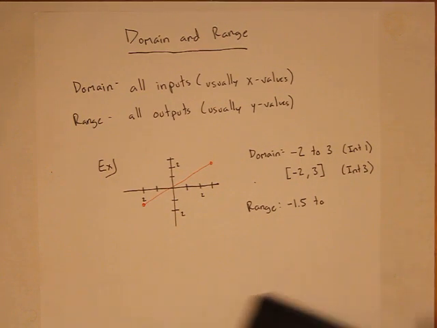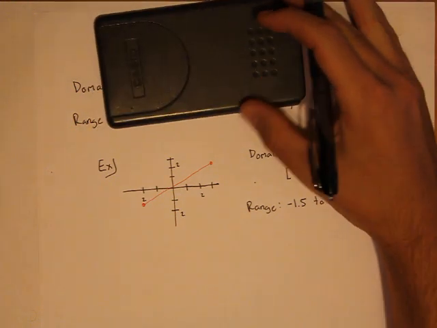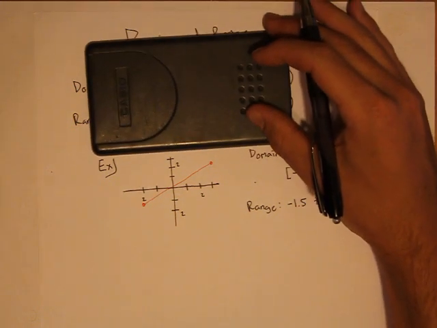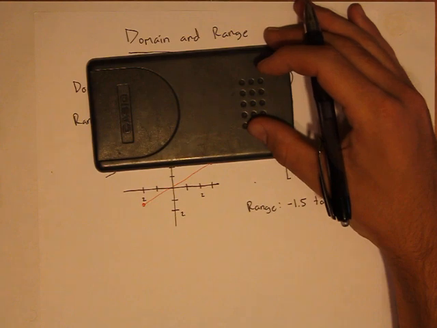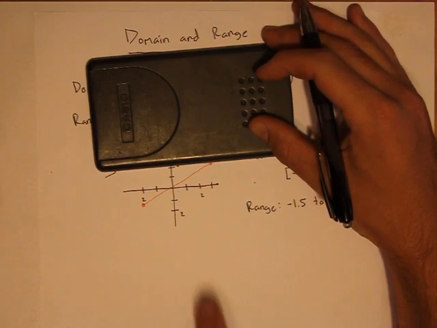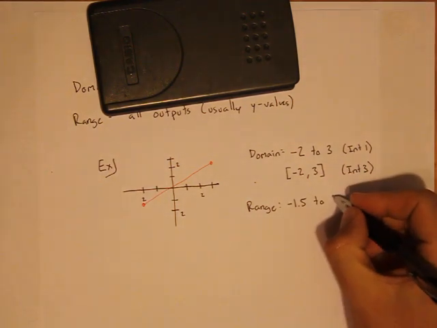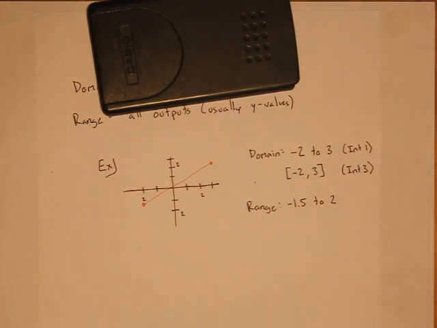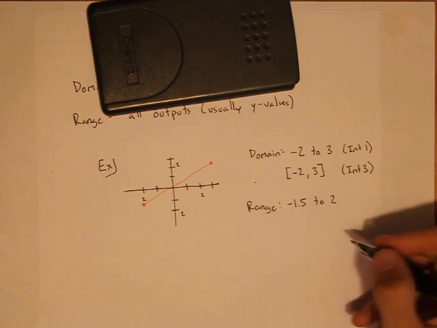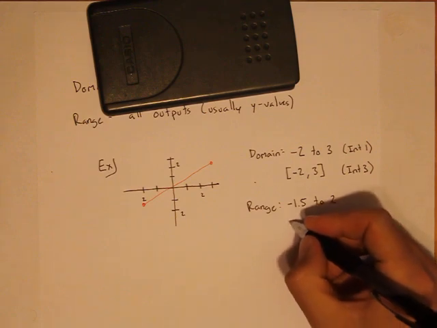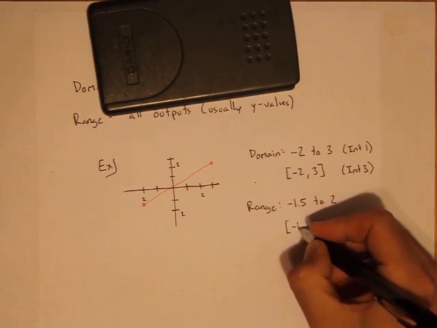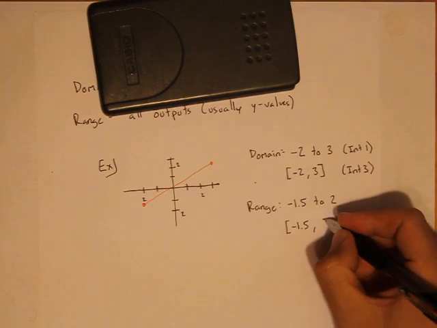And that's going to keep going all the way up until I need to find what my maximum value is, so I bring this down, and it hits my graph right around that second tick mark, or 2. So I would say this would go -1.5 to 2. And again, both points are filled in, so we've got closed brackets, so my Integrated 3 answer would be [-1.5, 2].